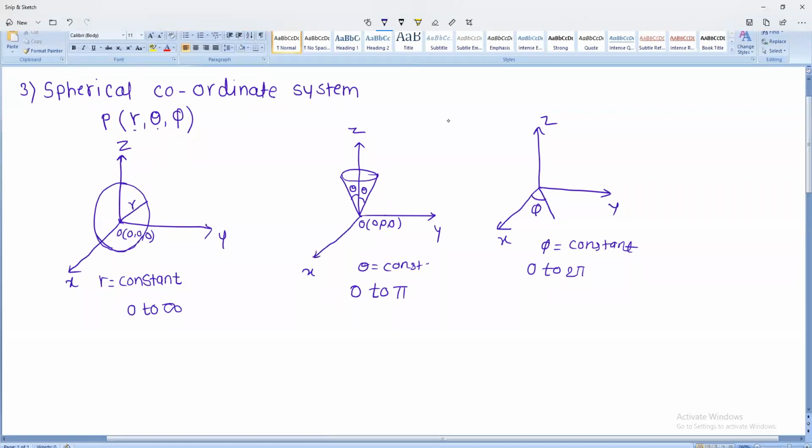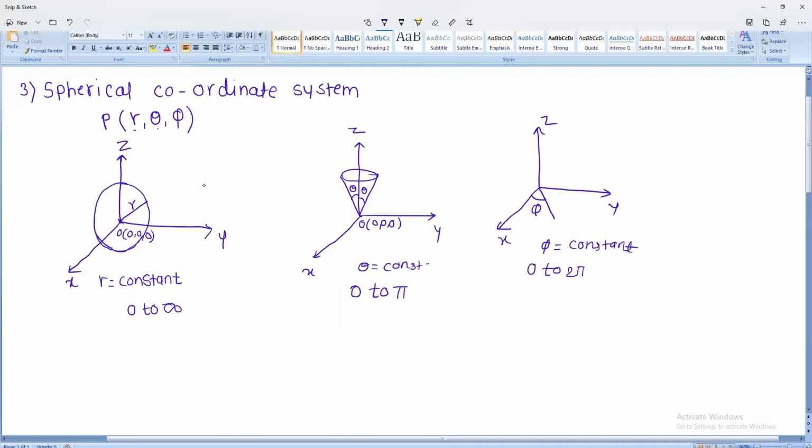In space, it varies from 0 to 2 pi. Everyone noted these diagrams?